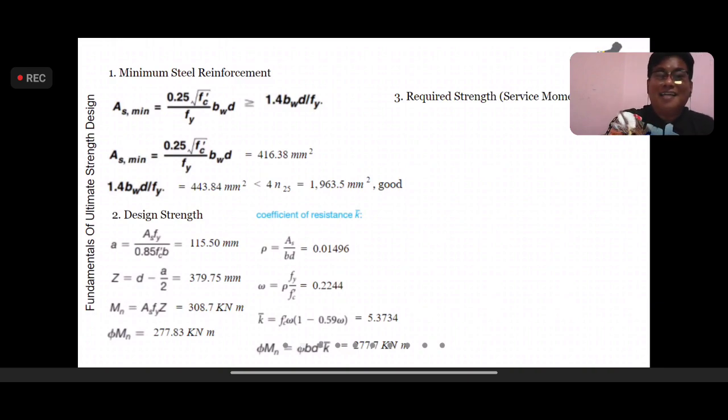Yun yung tawag natin sa WSD. Diba? Meron tayong beam weight. Beam weight natin. Yun yung dimension multiplied by relative density multiplied by the unit weight of water.